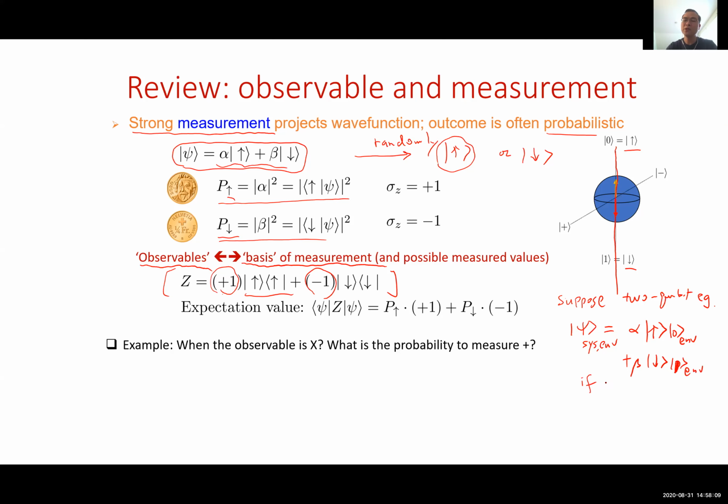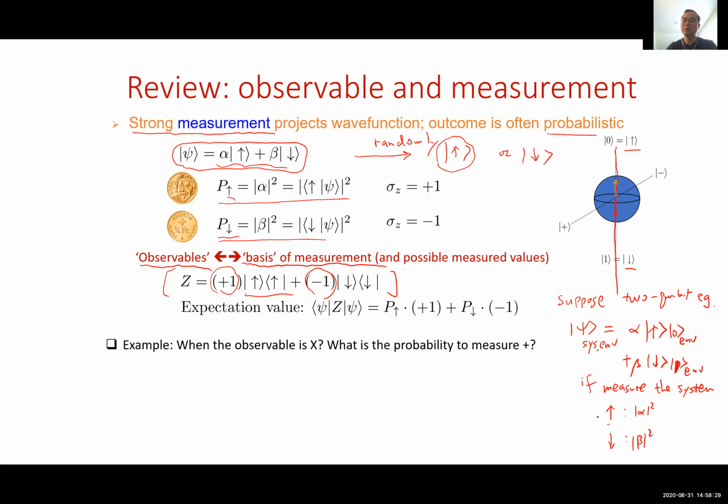So if we measure the system, we'll get up with some probability, which is alpha squared. And we also sometimes get down with probability beta squared.